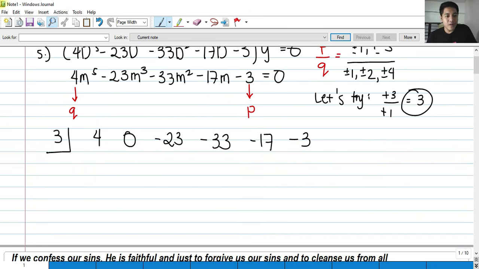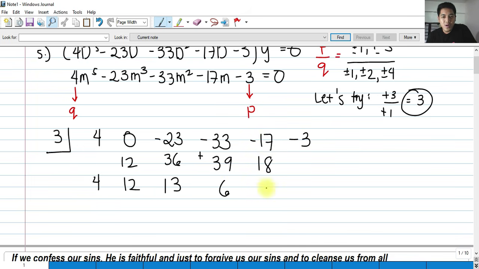Bring down 4. So we have 4 times 3 would be 12. Add this to 0, would be 12 still. 12 times 3 is 36. And we add this to negative 23, which would be 13. 13 times 3 is 39. Add this to negative 33, so we have 6 here. And 6 times 3 would be 18.